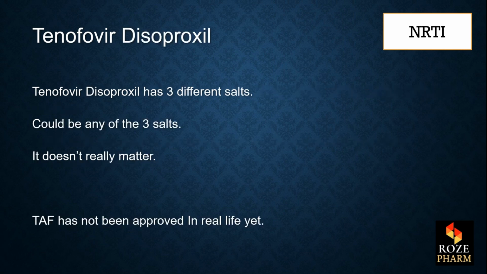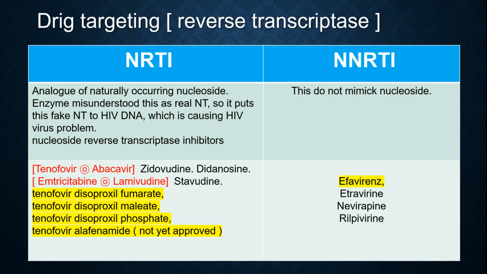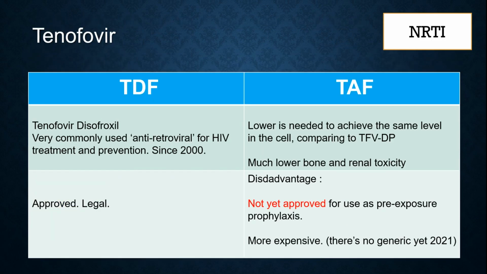TDF has three different salts, and any of these three salts can be used, so it doesn't really matter. But TAF has not been approved in real life yet. You can see the three different disoproxil salts. But tenofovir, TDF, is a very commonly used antiretroviral for HIV treatment and prevention since 2000. It is approved and legal.